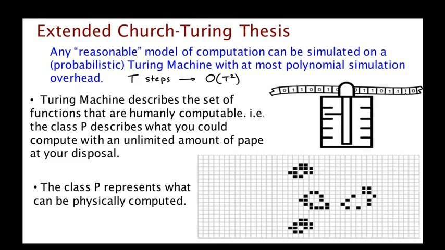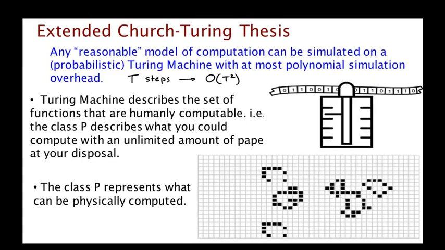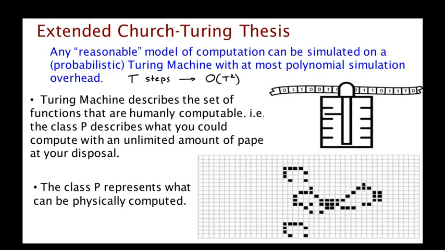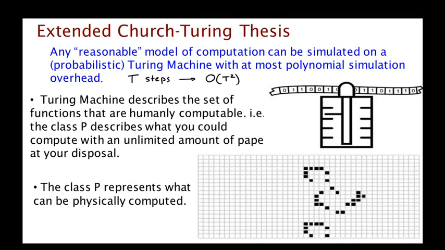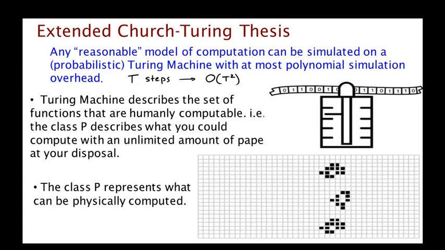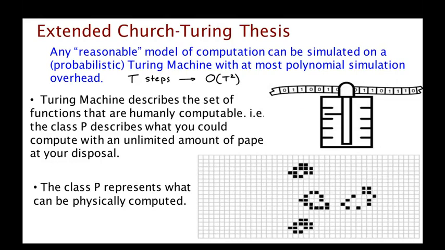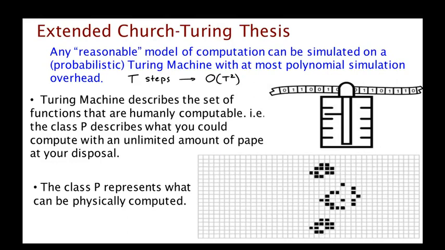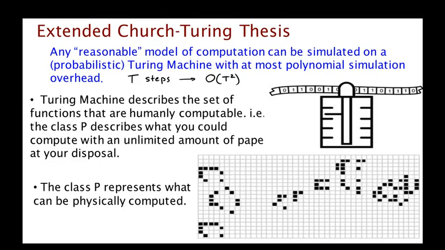The second interpretation of this thesis is that the class polynomial time represents what can be physically computed in this universe in a reasonable amount of time. And the rationale for this is that Turing machines can simulate cellular automata with polynomial overhead.